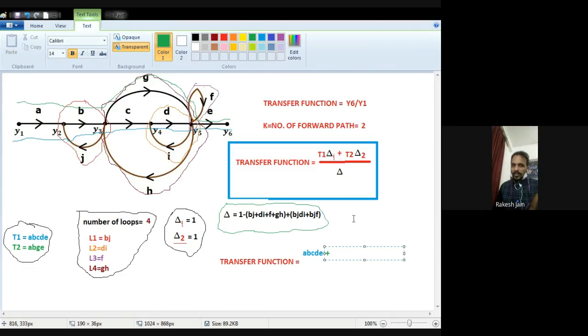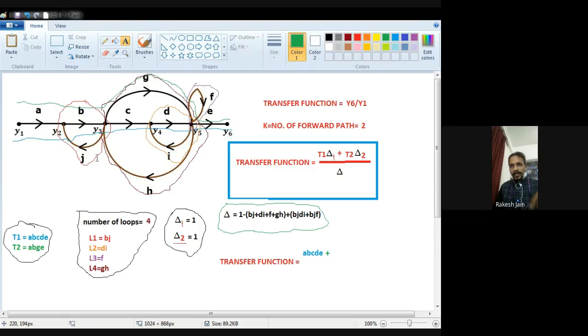Now minus the three non-touching loops, but here no three separate loops are there which do not touch each other. If we consider L1, then definitely it does not touch the L2 loop, but it touches L3 and L4.